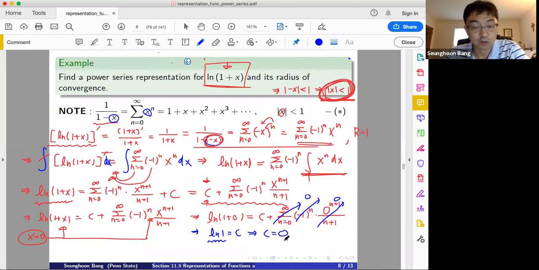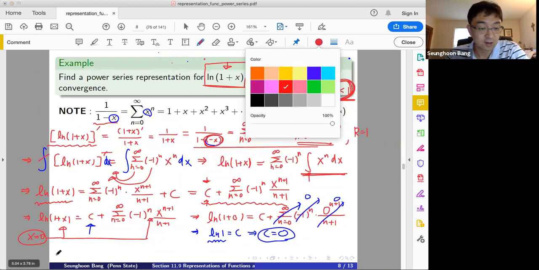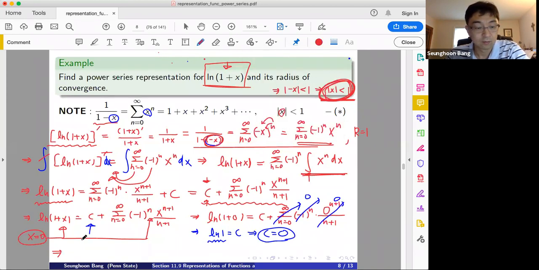So next, you plug c equal to 0 into here, and we have the final answer. What's your final answer? The final answer is here: ln of 1 plus x equals, with c equal to 0, the summation n equal 0 to infinity of minus 1 to the power n times x to the n plus 1 over n plus 1.